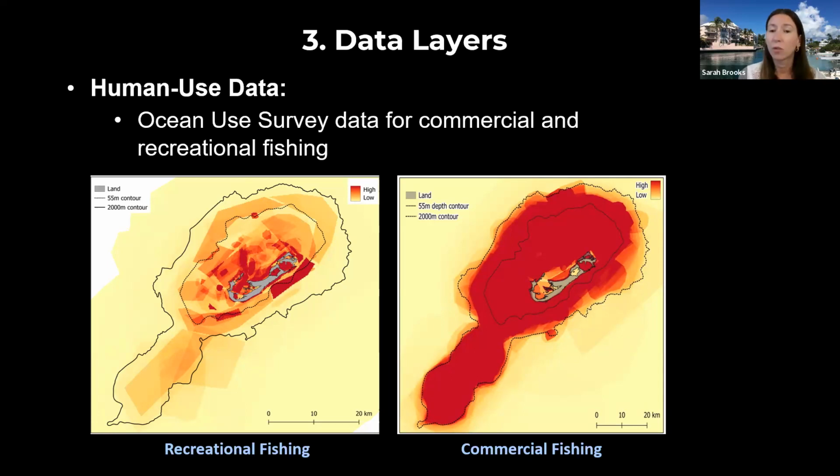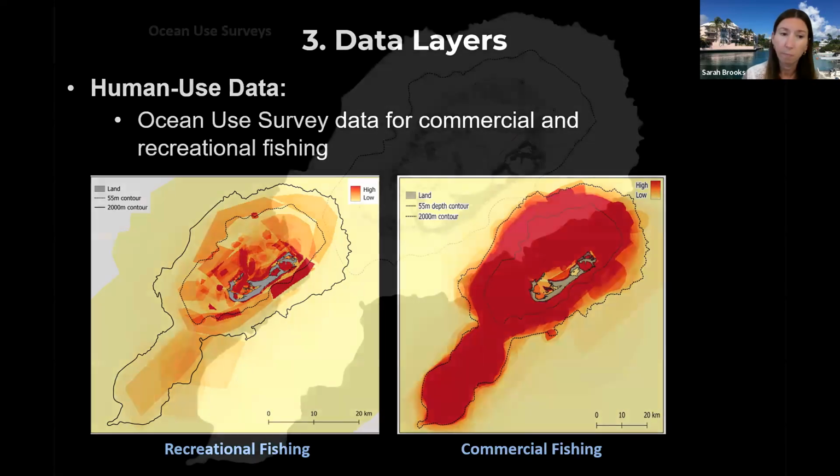And what you can see on the screen here is just an example of two heat maps from our fishing sectors, from our recreational and our commercial fishing sector, that show the most valuable areas for fishing. So the darker the red, the more valuable that area is for fishing.